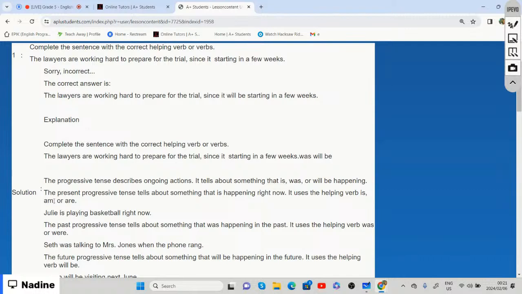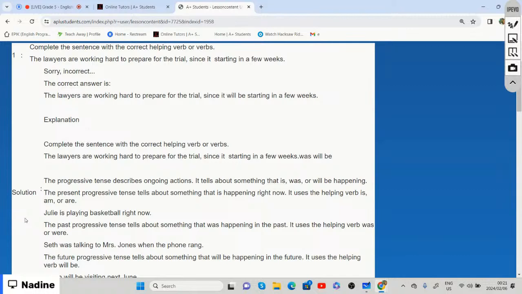It's ongoing action. It's something that you're doing now. And we use words like is to refer to singular person or thing. We use the word am. And we use the word are if we refer to more than one person or thing, which is plural form.